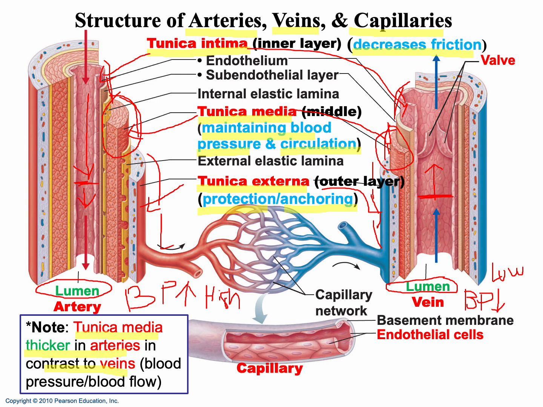You probably noticed that the lumen cross-sectional area is much thinner in the artery than the vein. The reason for that is you have a lot more blood flowing through your veins than your arteries at any given period of time. So that's why there's this large cross-sectional overall diameter here.